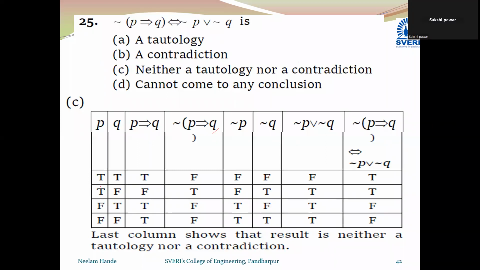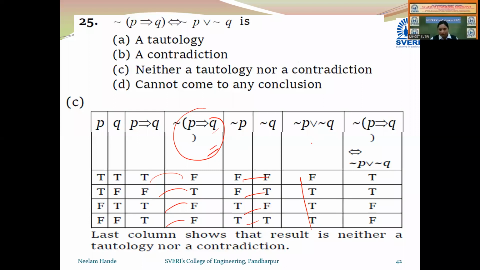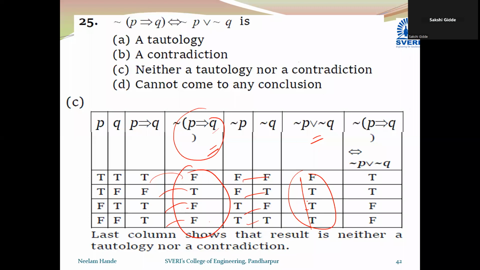There should be a table like this. P, Q. Then P implies Q. Negation of P implies Q. Change all the signs: T to F, F to T. Negation P: F, F, T, T. Q. Negation P or negation Q, make the table of this. Then apply double implication to these two columns.